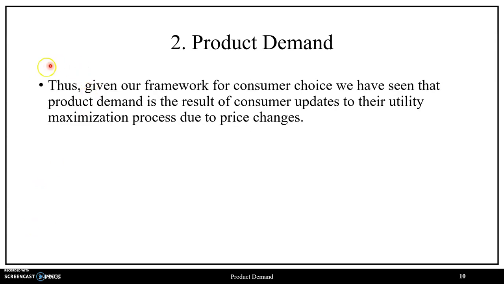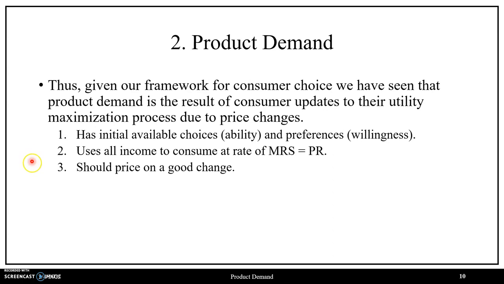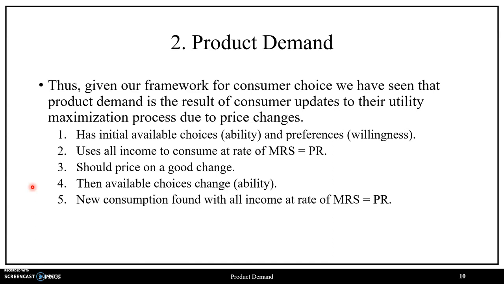So then, overall what we have is, given our framework for consumer choice, we have seen that product demand is the result of consumer updates to their utility maximization process due to price changes, in that the consumer has initial available choices, that is their ability, and they have preferences as well, which represent their willingness. They use all of their income to consume at the rate of the marginal rate of substitution equaling the price ratio, and should the price on a good change, then their available choices will change, which affects their ability.